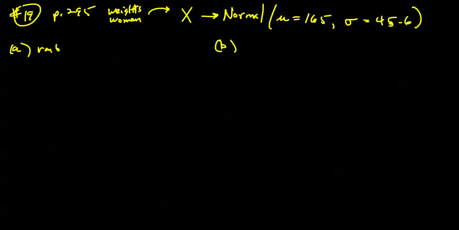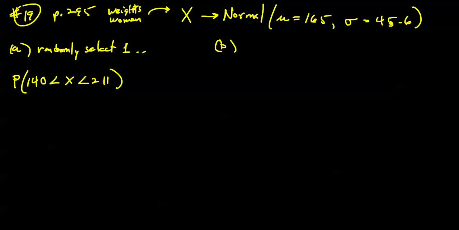Again, we're going to randomly select one in part A. The author says, find the probability that one randomly selected woman is between 140 and 211 in pounds. Alright.